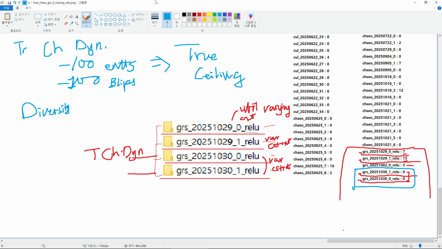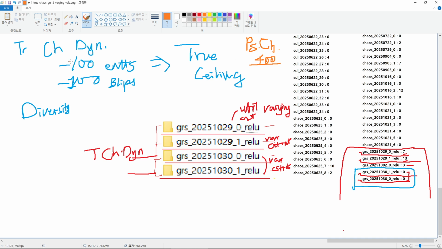And as demonstrated whilst doing pseudo chaotic, 400 entities was about the minimum entity count.